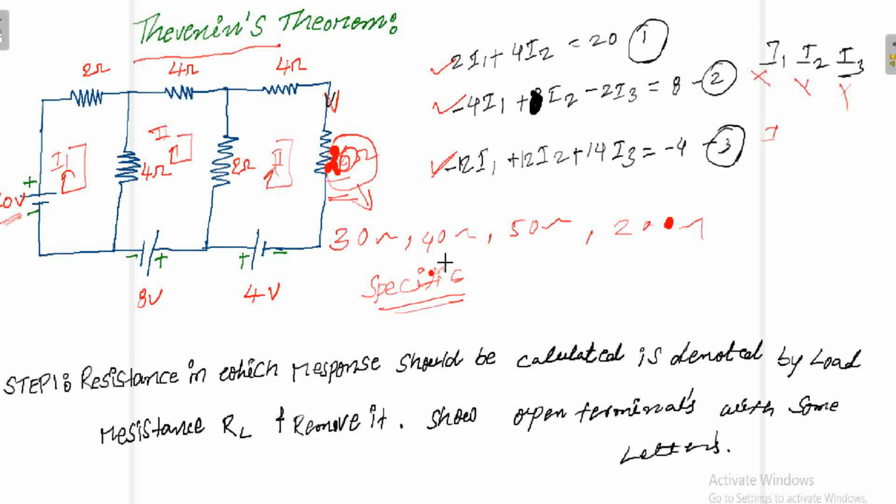That's why Thevenin's theorem is called a specific response theorem. At a specific load, we are going to find some response without starting from the first point. So how that will be done, we are going to see here.